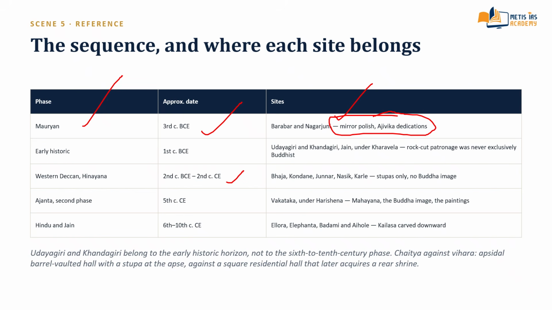Stupas only, no Buddha image, which places this phase before chapter 3's transition. And we have to say this here, the same early horizon, because it is where it belongs.